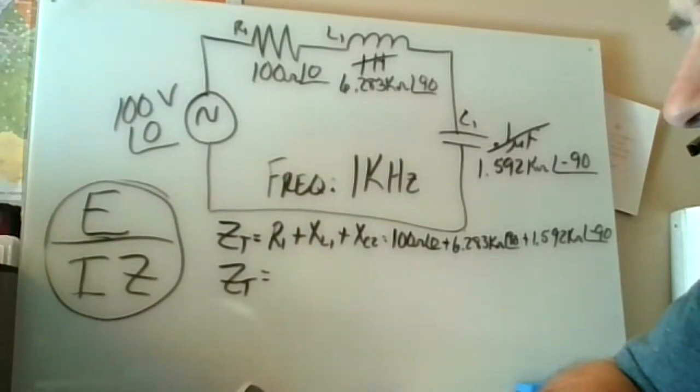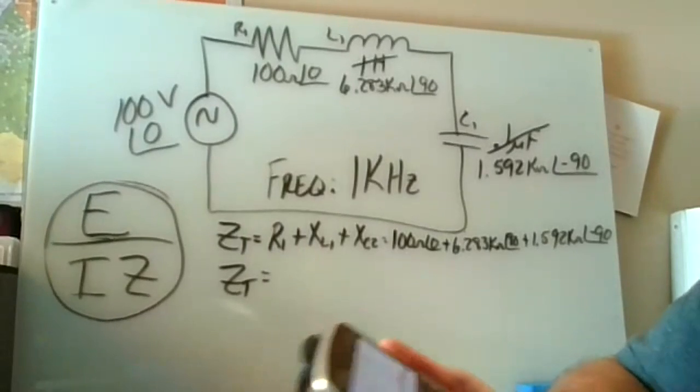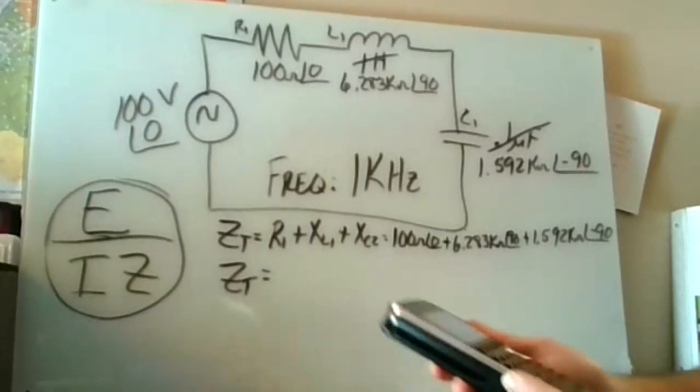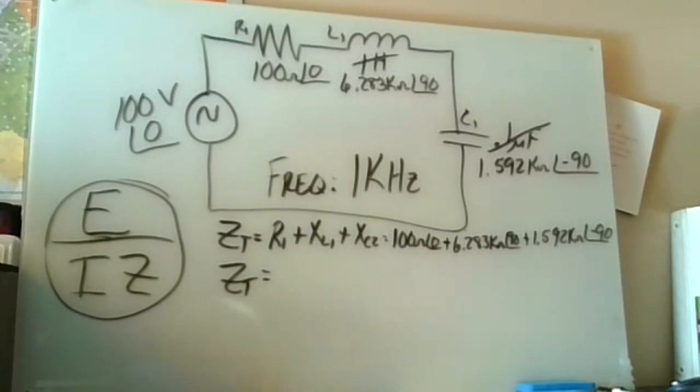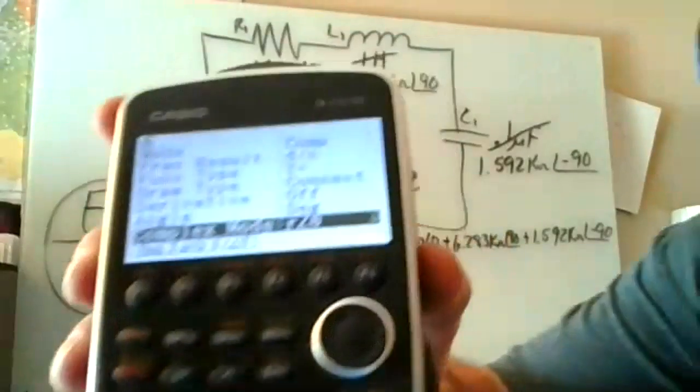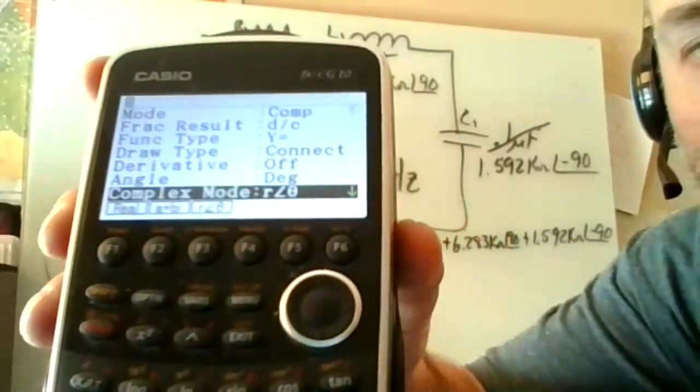Scroll down one more to where you see complex mode. All your guys' probably says real right now, right? You're going to push F3 so it says R theta, just like mine does.